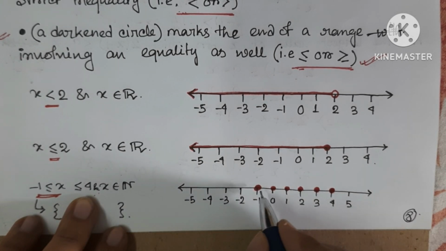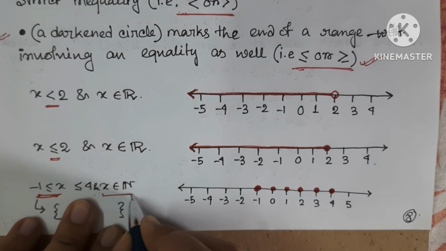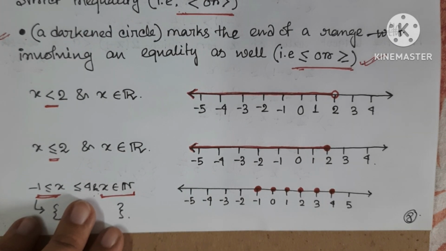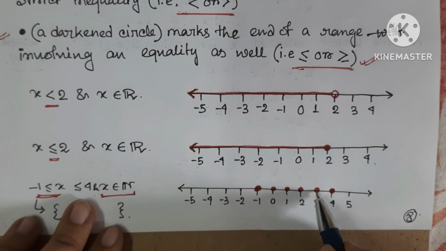You cannot draw a straight line here. You have to choose these points because it is N. N means what? The set of natural numbers: 1, 2, 3, 4, 5, 6. You have to choose the discrete numbers here, so you have to darken only the numbers.